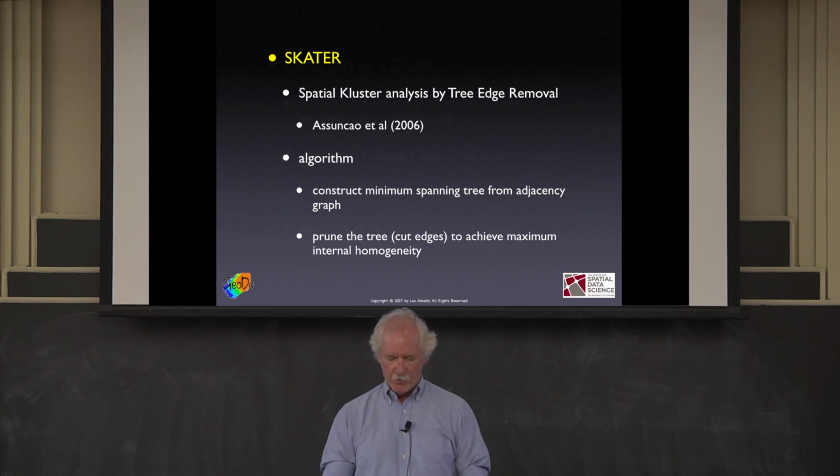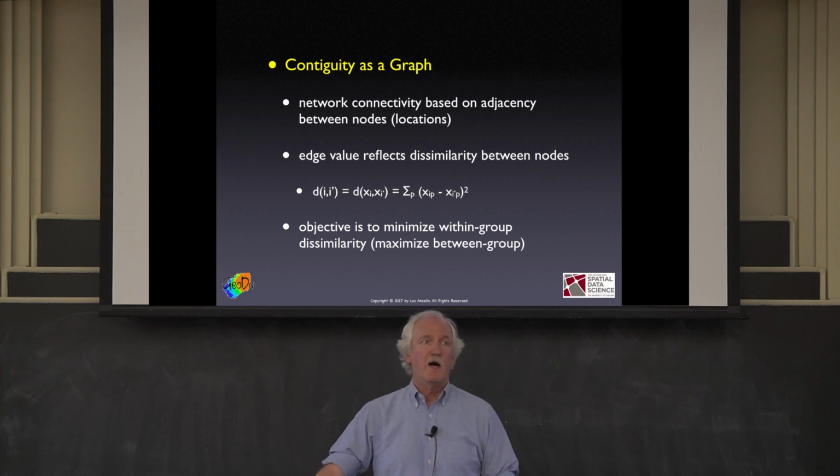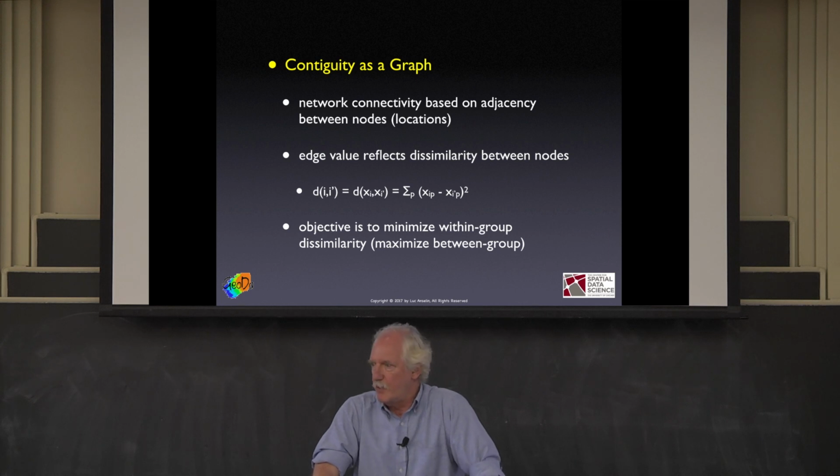Okay, so let me go through this step by step. So we start with, just as we've seen before, a generalized weight structure. For every pair of observations i, j, we have a distance measure between i and j, which is, for example, the Euclidean distance, but it doesn't have to be.